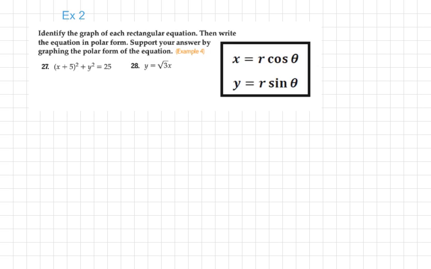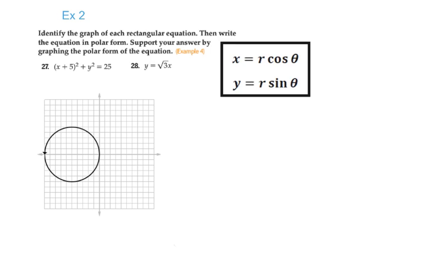Identify the graph of each rectangular equation, then write the equation in polar form. Support your answer by graphing the polar form of the equation. Let's go to 27. x plus 5 squared plus y squared equals 25.